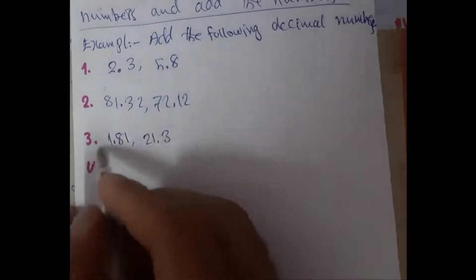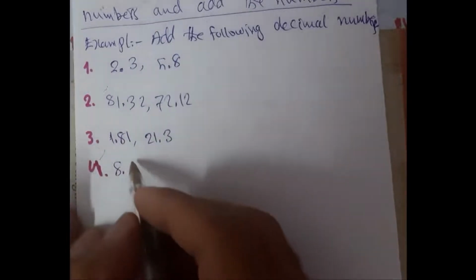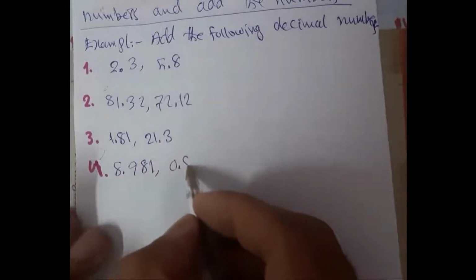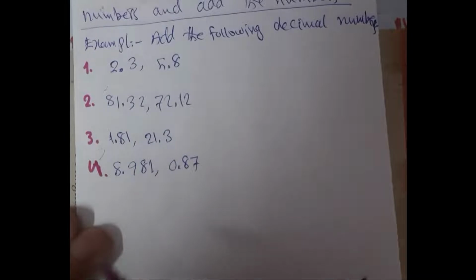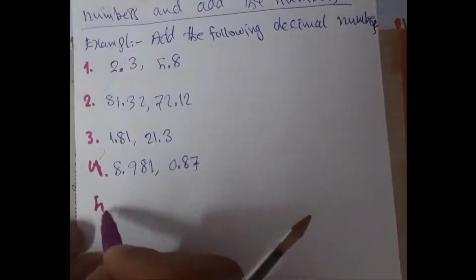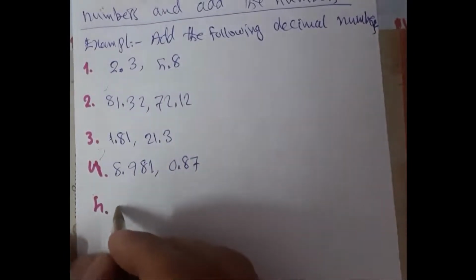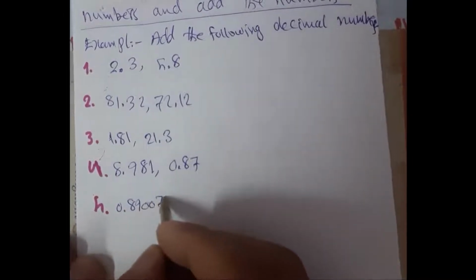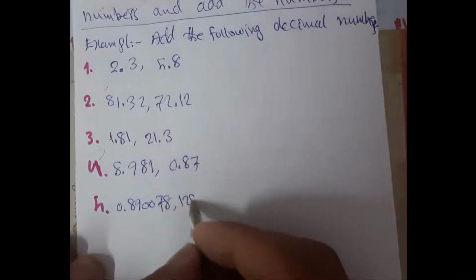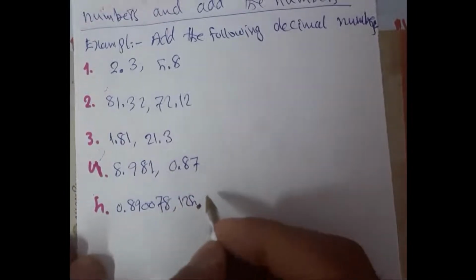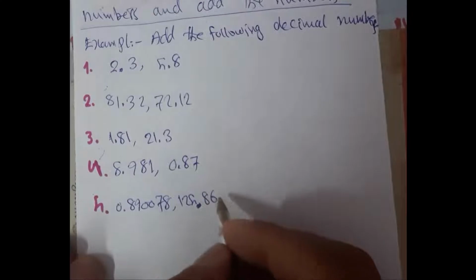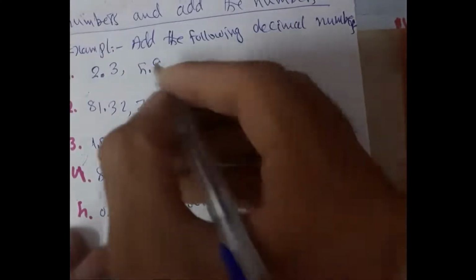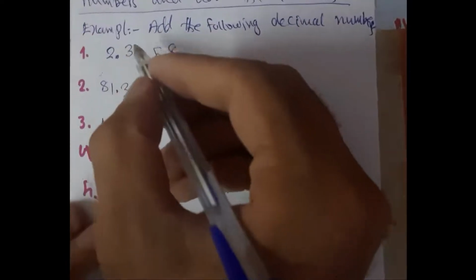Number 4. 8.981, 0.87. Number 5. 0.078, 125.86101. First one, we want to add these two numbers.